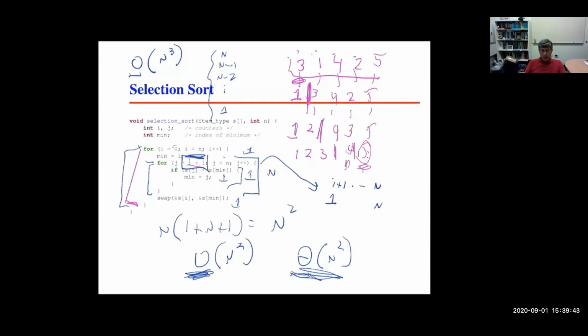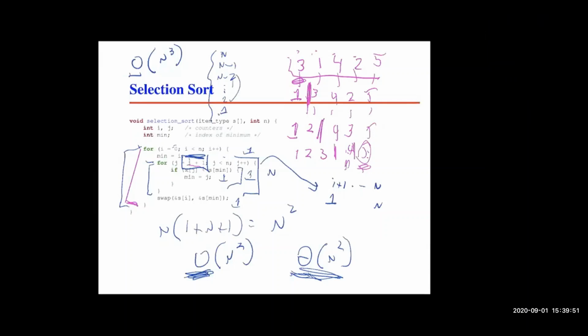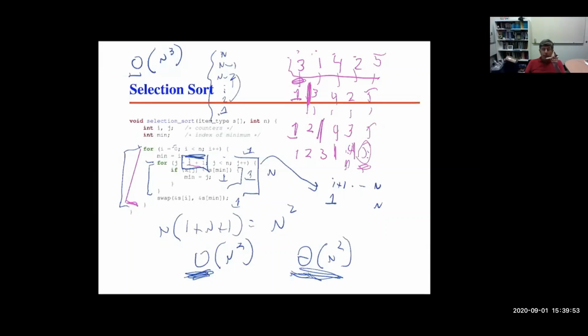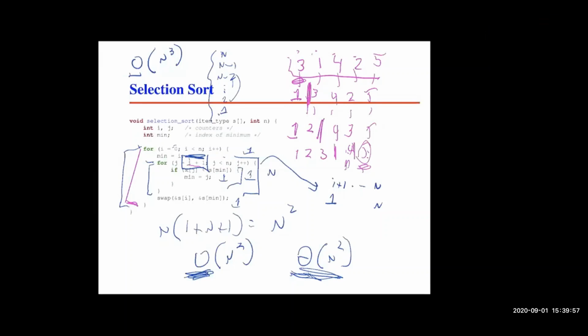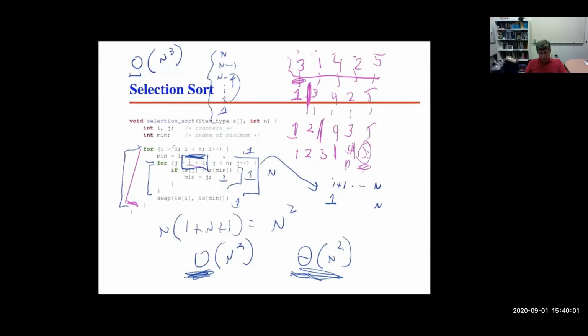I'm going to claim that the average of the first and last is n plus 1 divided by 2. In fact, each one of those pairs is going to have an average value of about n over 2, right? So if we're really careful about doing the analysis, the inner loop only goes around an average of n over 2 times, okay?